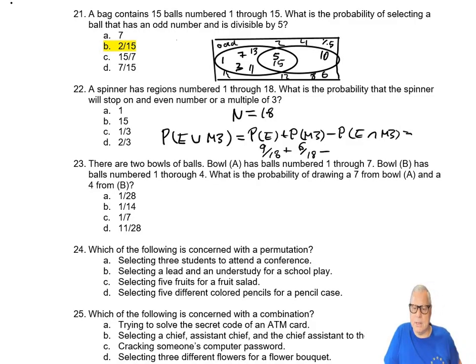Minus the probability of even and a multiple of 3. Okay, so that is a 6, then the 12 and the 18. So that's 3 over 18. So 9 plus 6 is 15, minus 3, so 12 over 18, or we divide by 6, 2 over 3.